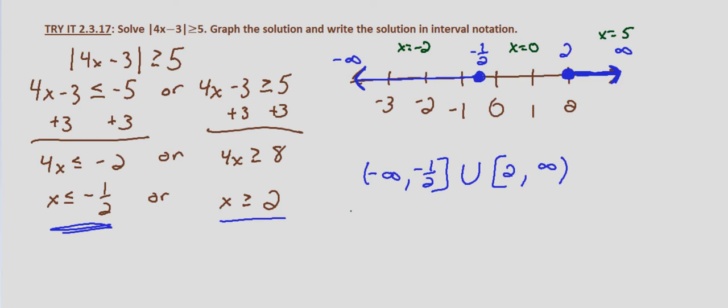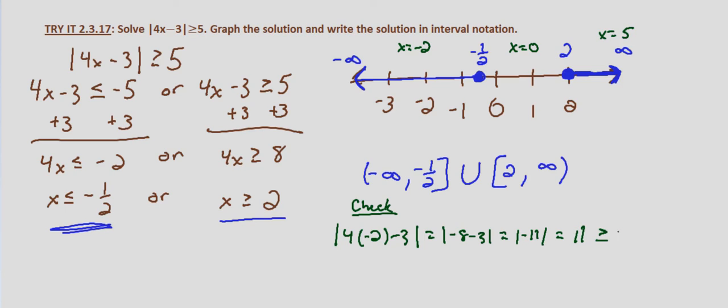This is our check. We have the absolute value of 4 times negative 2 minus 3. That equals the absolute value of negative 8 minus 3, which equals the absolute value of negative 11, which equals 11, which is greater than or equal to 5.